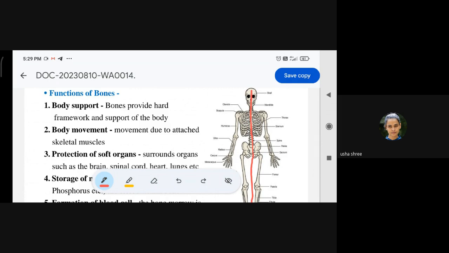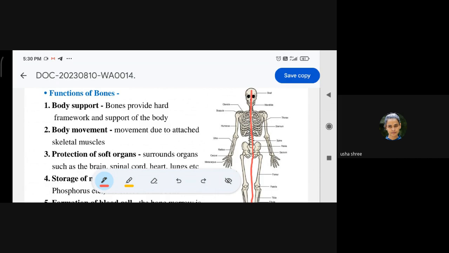So if we are talking about the right knee, then the right knee's left side is toward the midline, and the left knee's right side is towards the midline. Is it clear? Yes, ma'am. The right knee's left side is towards the midline, and the left knee's right side is towards the midline.